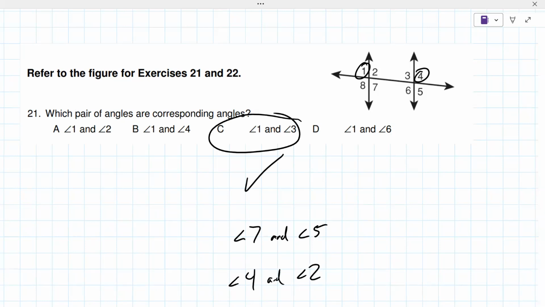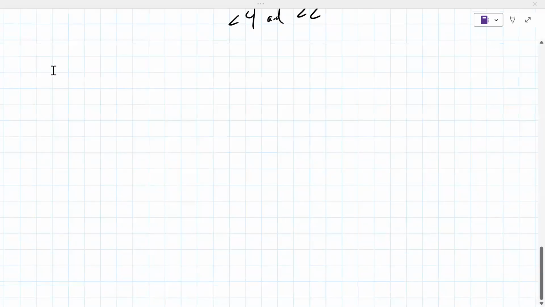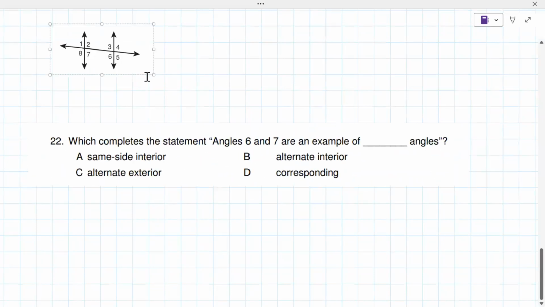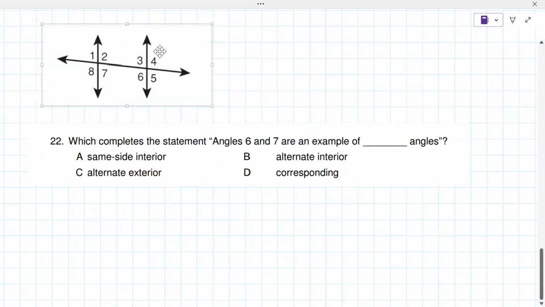Okay. Let's look at that picture again here. Let me grab a snip of it. All right, here we go. So angle 6 and 7.